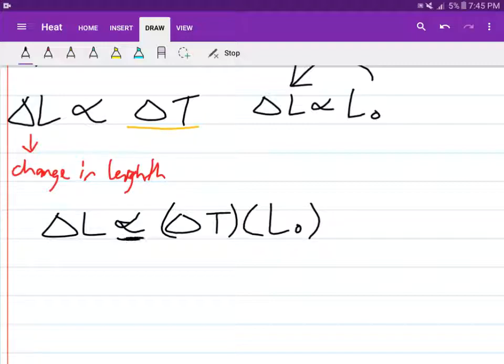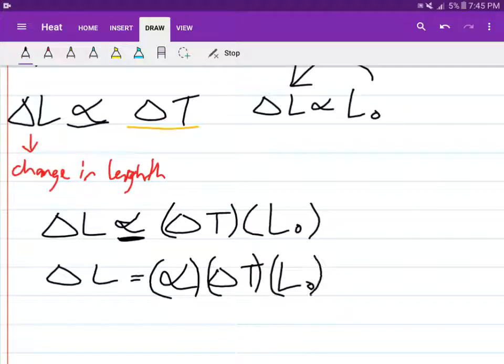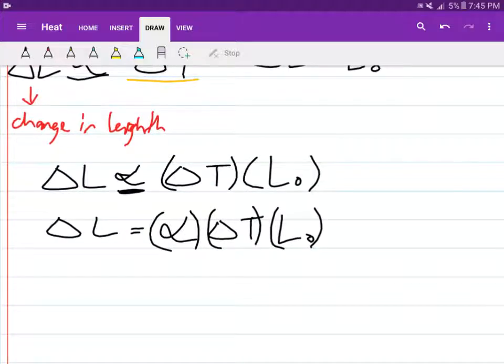So for this proportionality constant, let's assign a proportionality constant alpha, in order to convert this proportionality to a real equation.